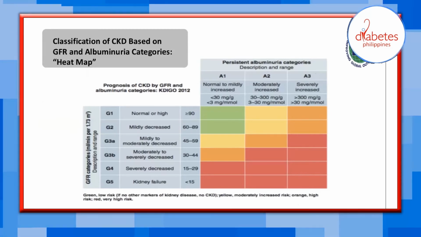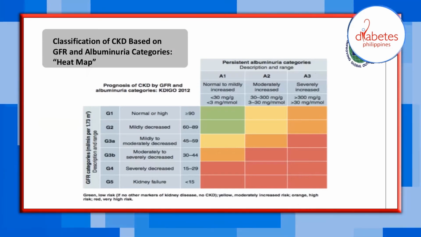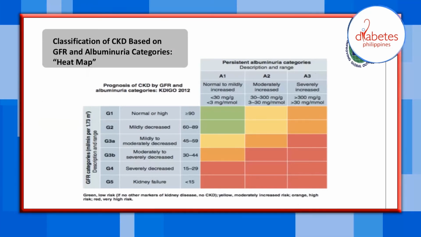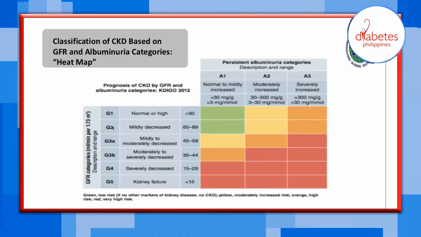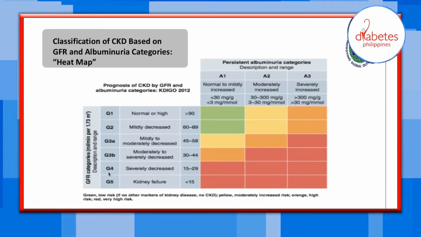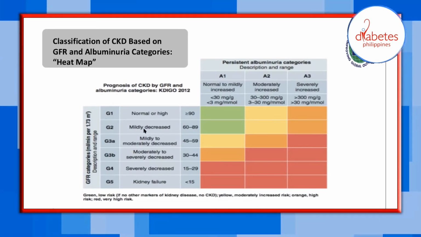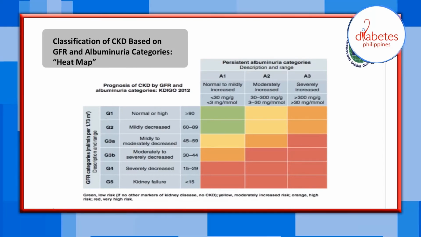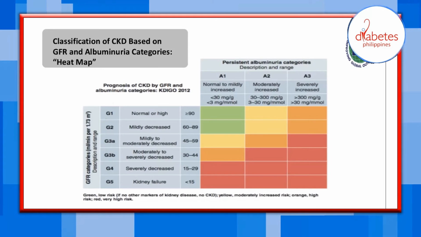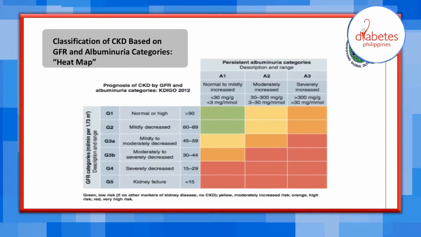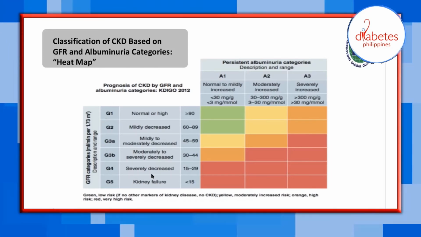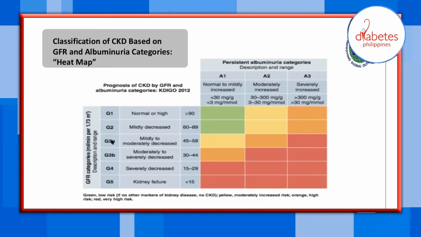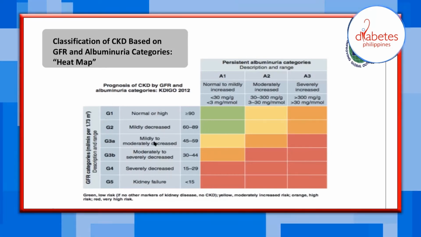So for the cause for our patient, it's diabetic kidney disease. Now for the GFR category, it has 5 stages. And as we have computed your eGFR based on a creatinine of 1.5 milligram per dL using your CKD-EPI, the eGFR is 55. So that will place your patient under G3A or mildly to moderately decreased.